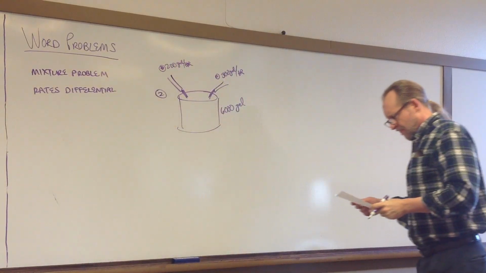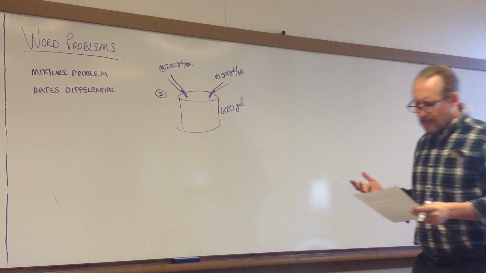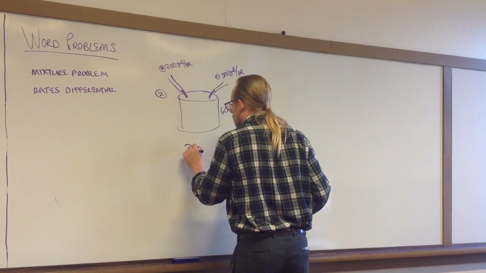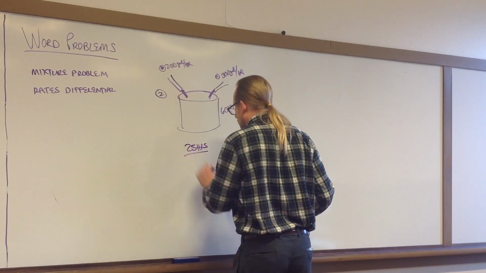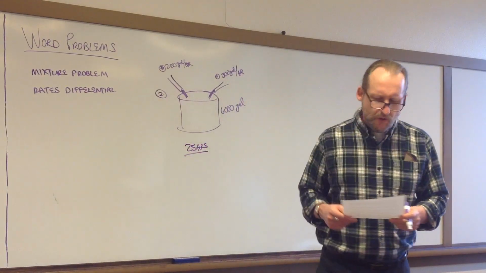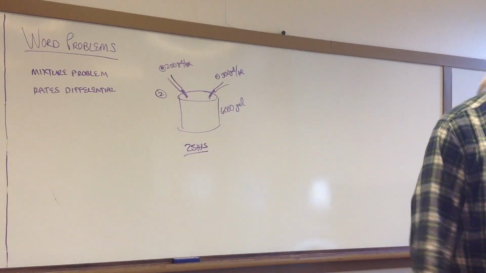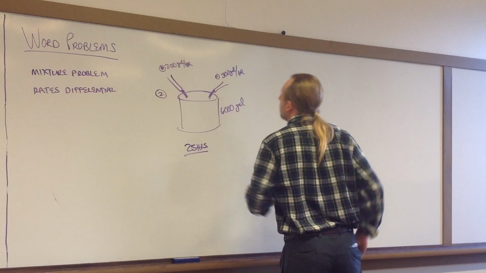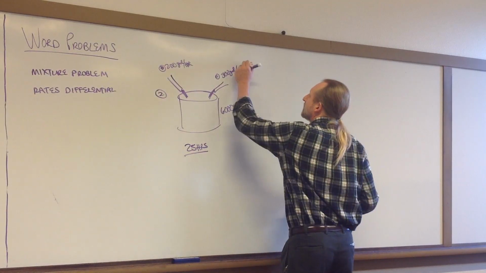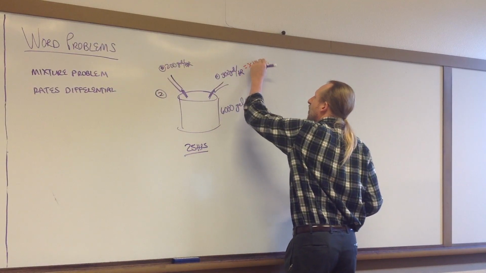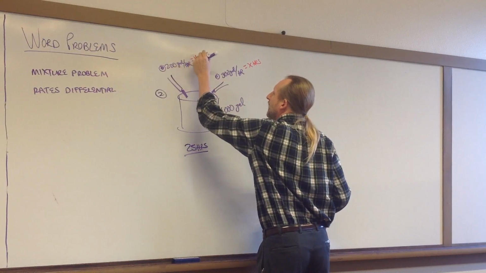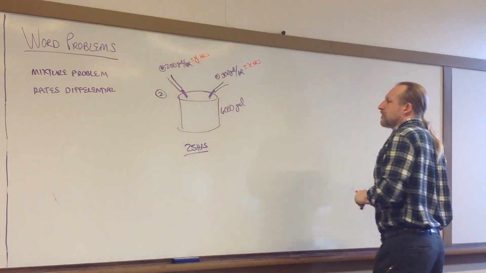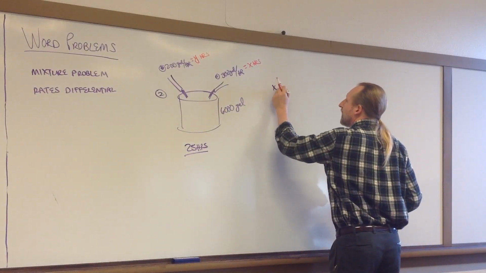Okay. If the sum of the running times for both spigots is 25 hours, so together they ran for 25 hours, how long did each spigot run? Okay. So let's say this one ran for X hours, and this one ran for Y hours. And that tells us that X plus Y has to be 25.